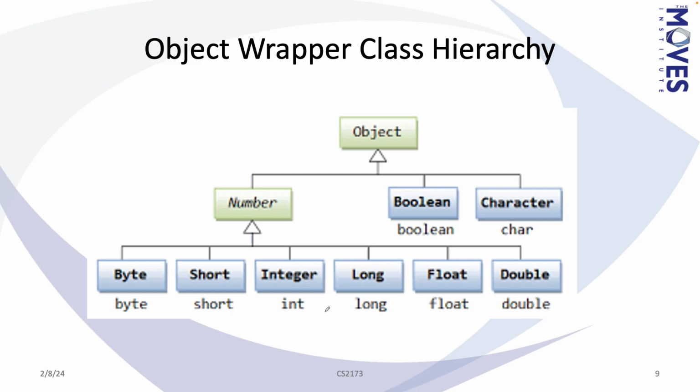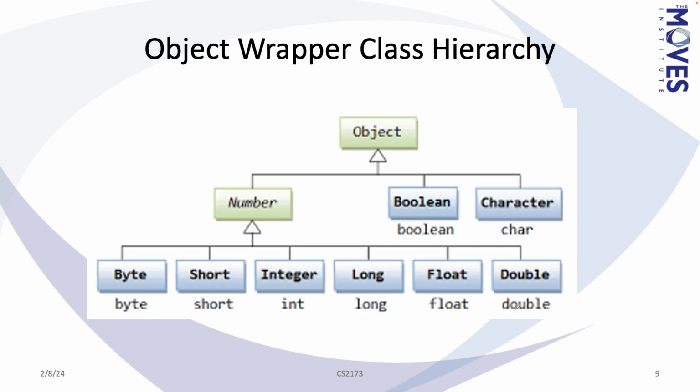Floats do not have enough precision to give you the right answer. Doubles don't give you the right answer either, but it's much closer. Okay, so the Byte capital B corresponds to a byte lowercase b. Integer capital I corresponds with an int. Long capital L corresponds with a primitive long. Double capital D corresponds with lowercase d.